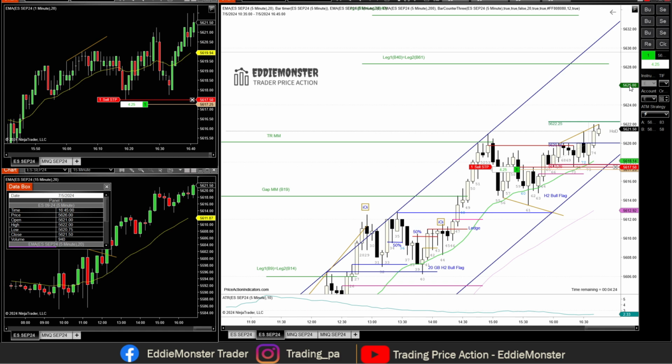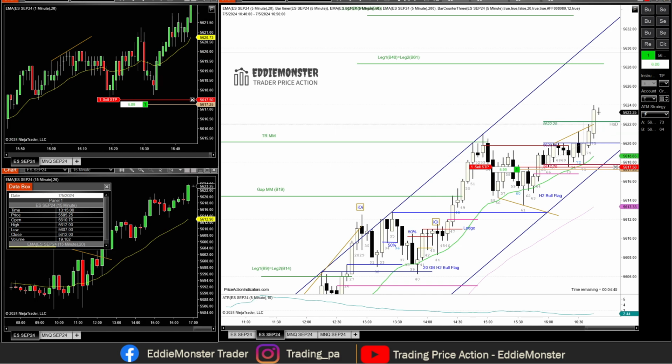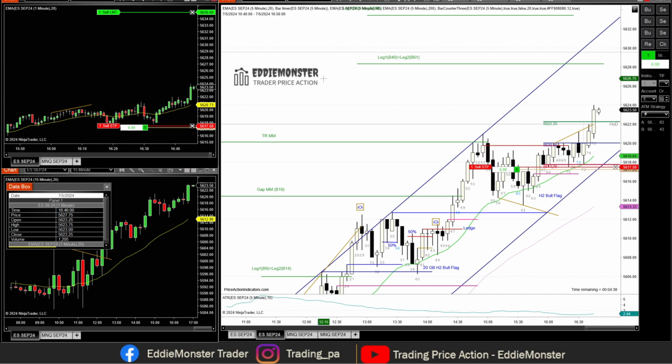So we can wait. Well, great 73. So expect follow through of that bar. It also means eventually a wedge fail breakout up, right?